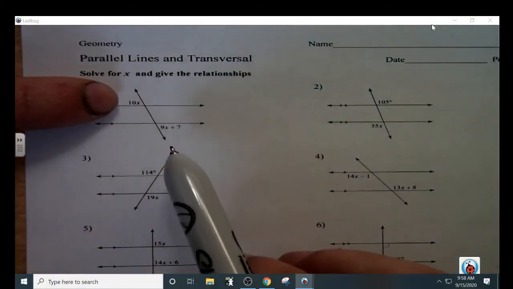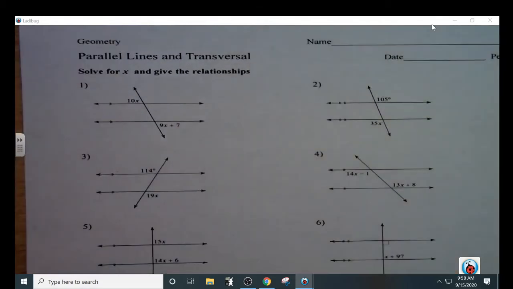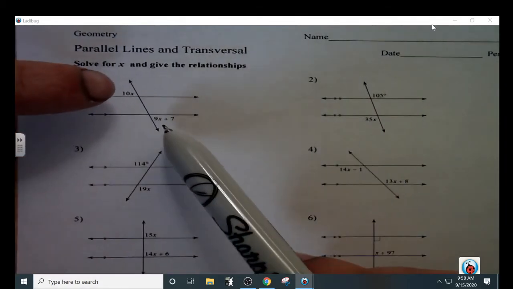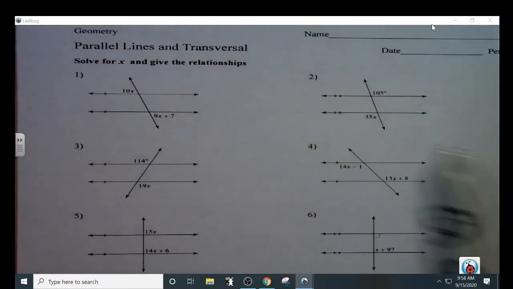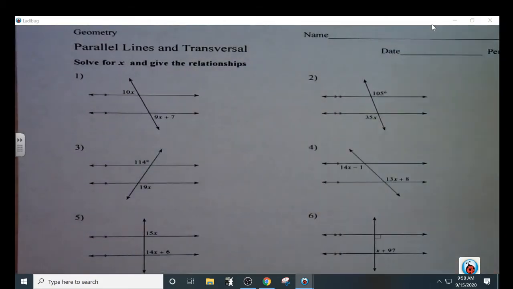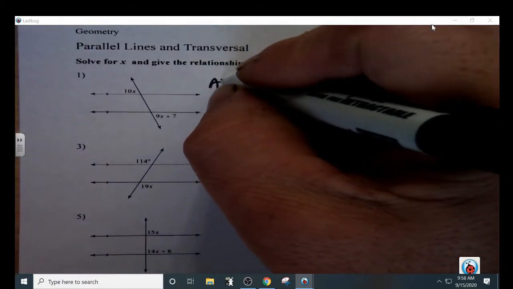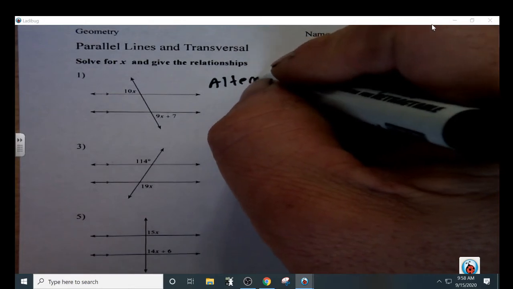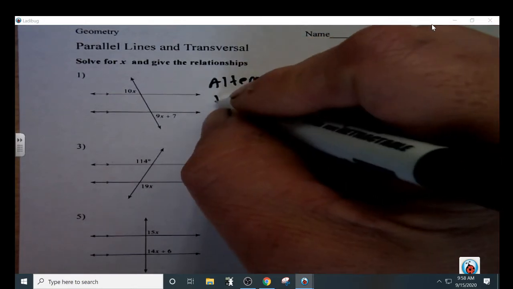Look at number one. One's left and one's right of the transversal, so you know it's alternate, and they're both on the exterior of the parallel lines. So that would be alternate exterior.